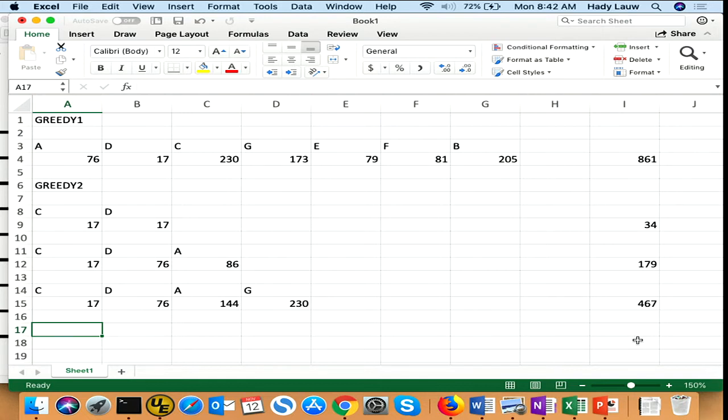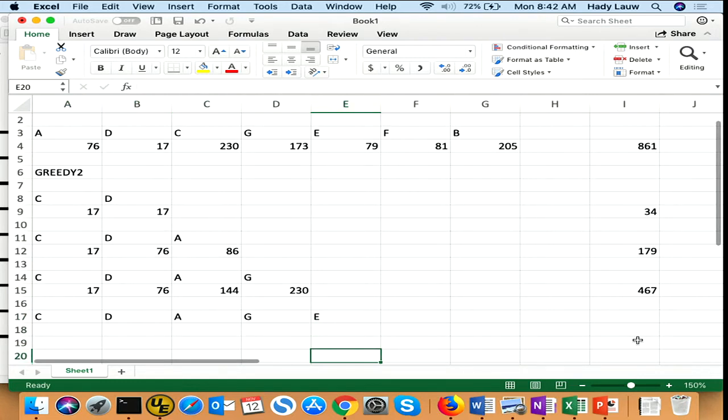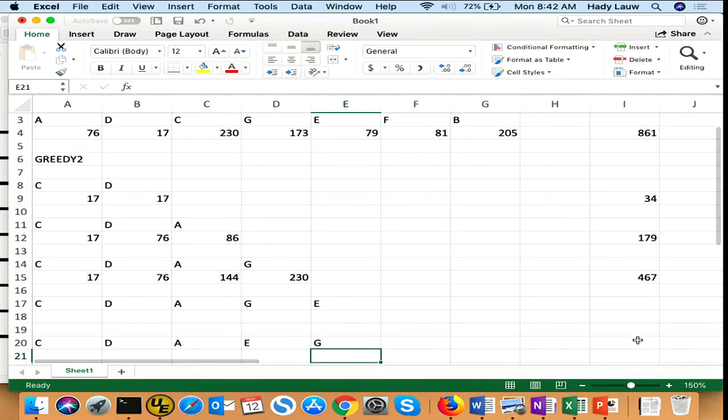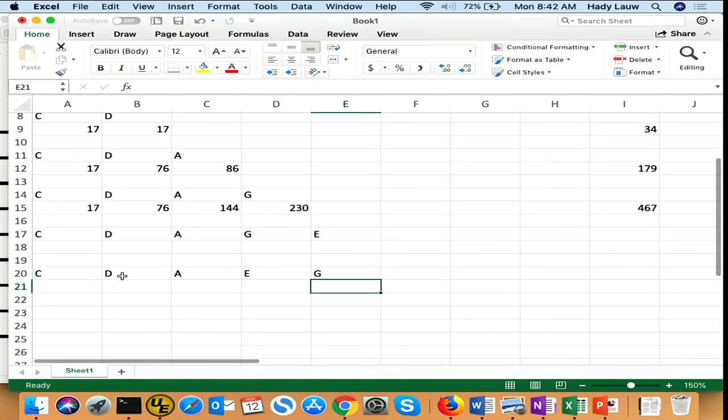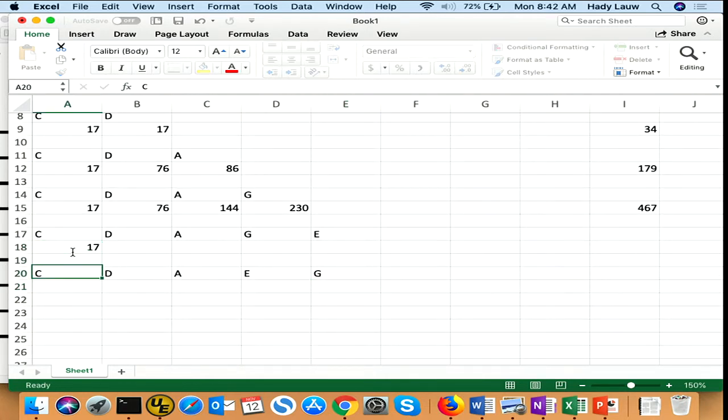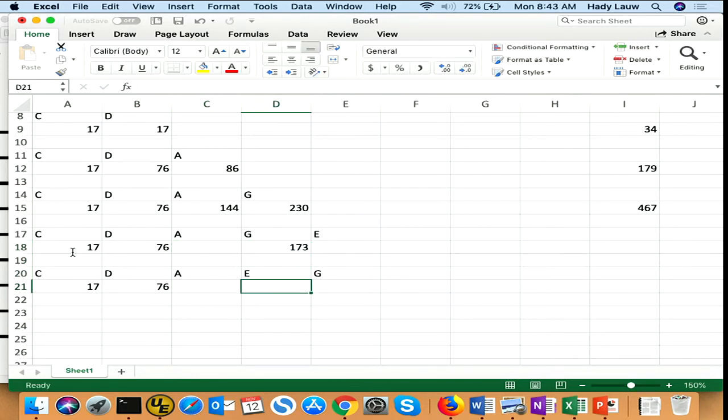So putting E next to G could mean C, D, A, G, E or C, D, A, E, G. So AE is 259.